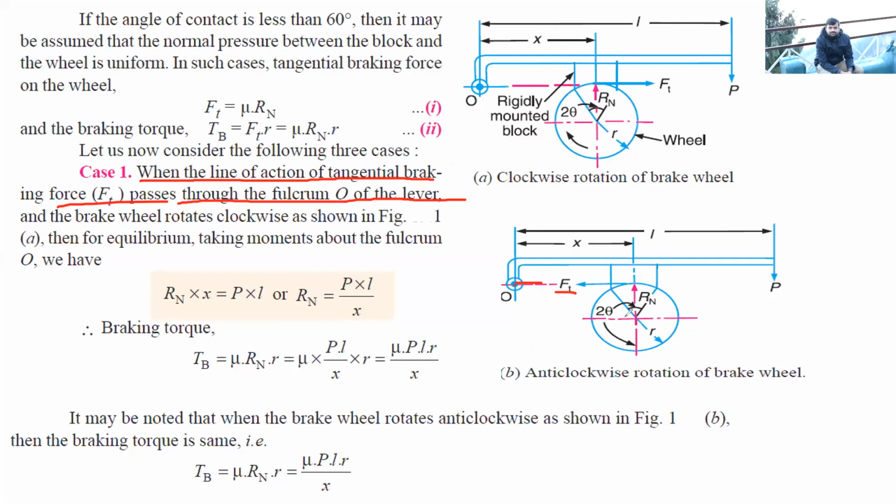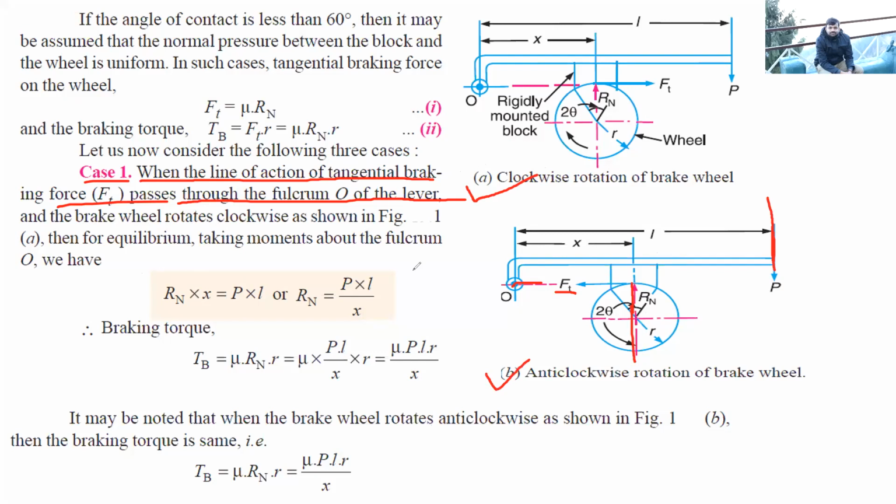All right, but the forces this Rn and another force this P, these forces' lines of action are away from this fulcrum point by distance L and X respectively. So they will be producing some moment, obviously. All right, and we are taking this in case one. Again, there are two variations. That is when the wheel is rotating clockwise and when the wheel is rotating in anti-clockwise direction.